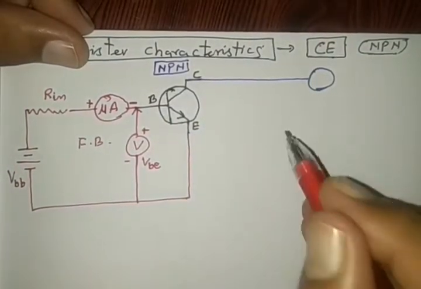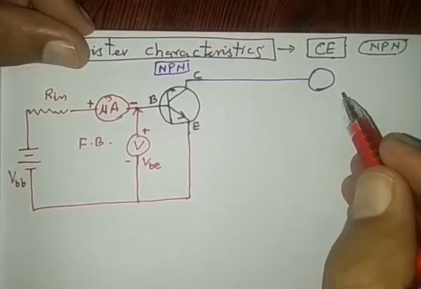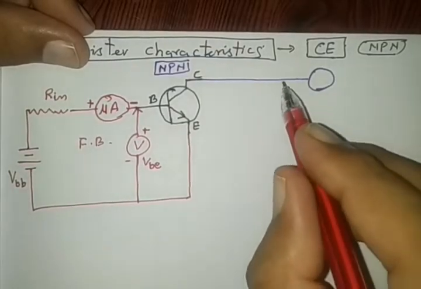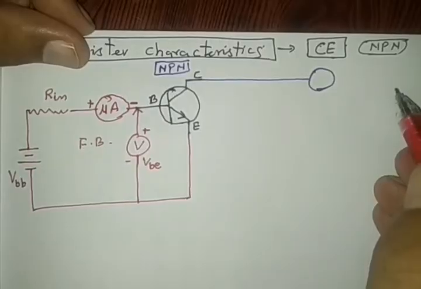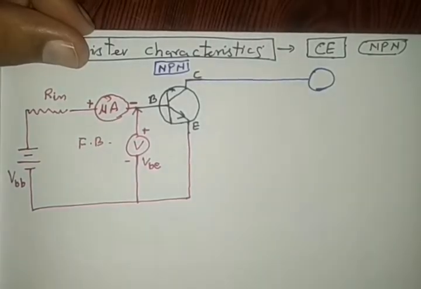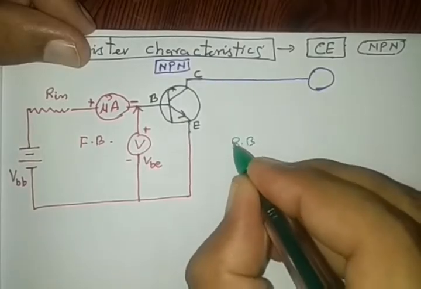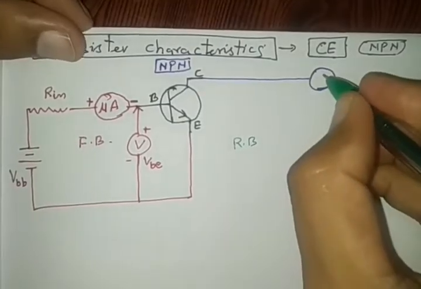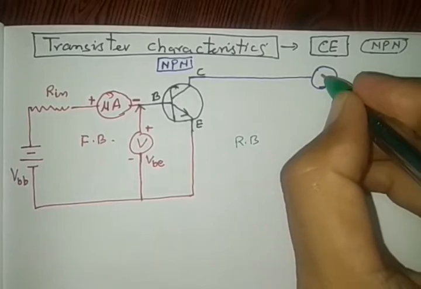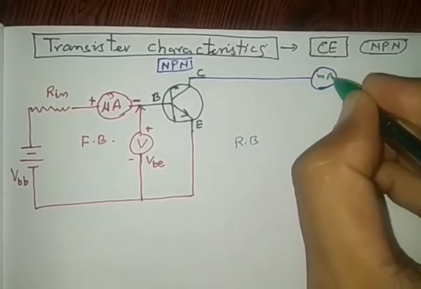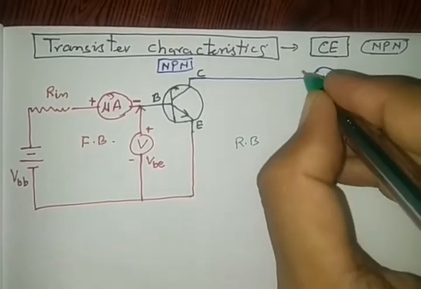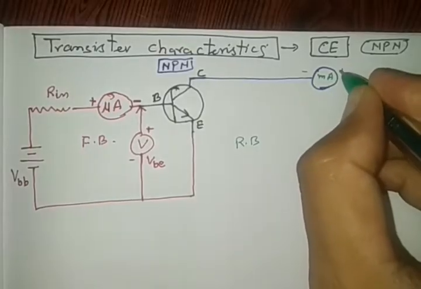Now see the circuit phenomena in the output. We know that the output terminal is reverse biased. See how it is connected. To measure the current here, a milliammeter is connected, negative this side, positive this side.